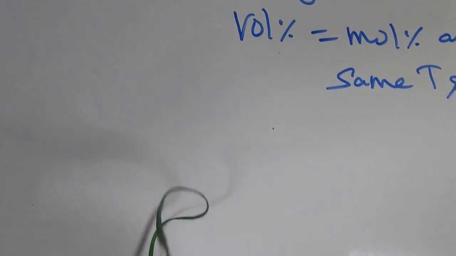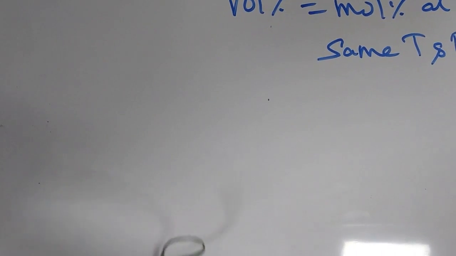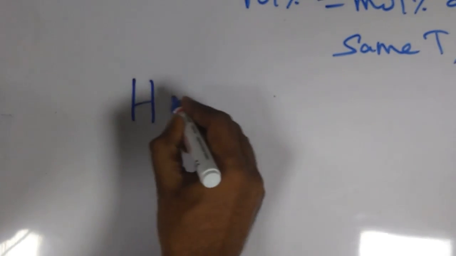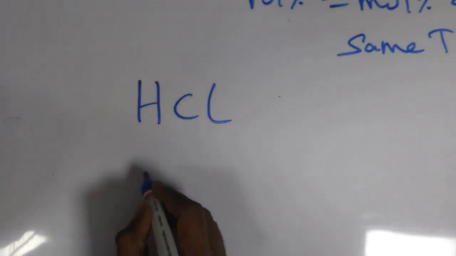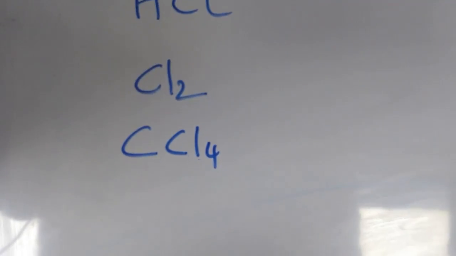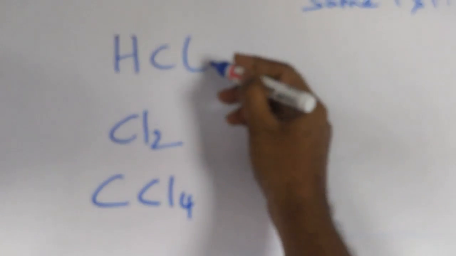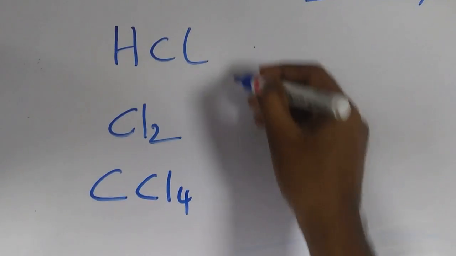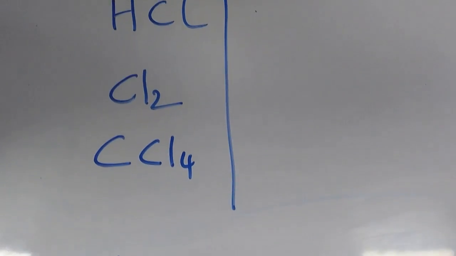In this problem we have three components: HCl, chlorine, and carbon tetrachloride.